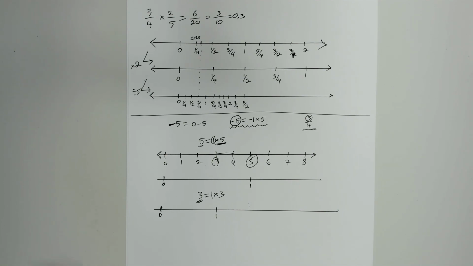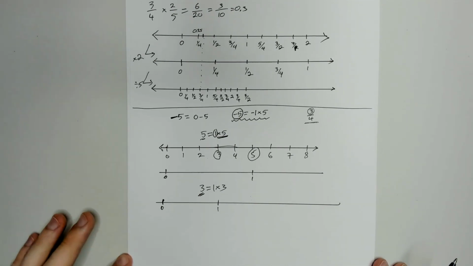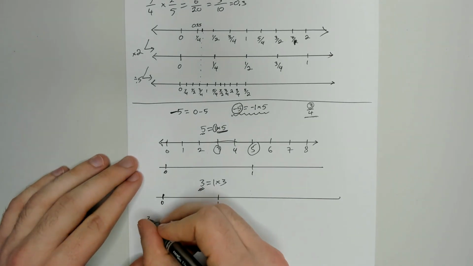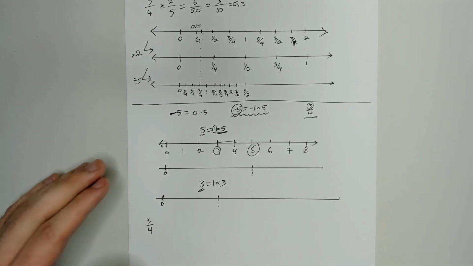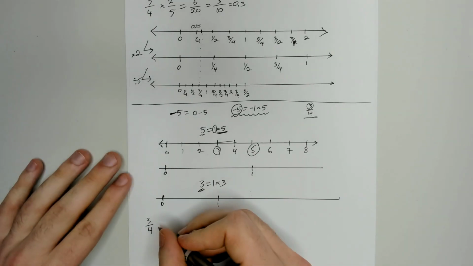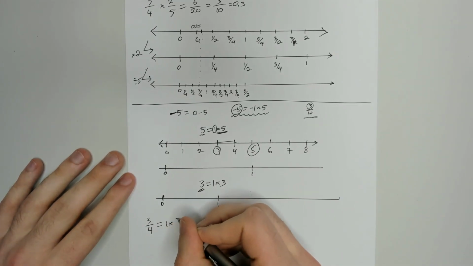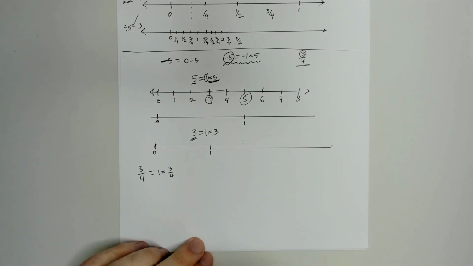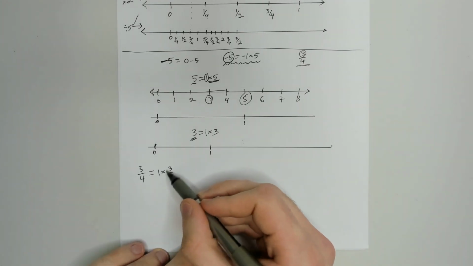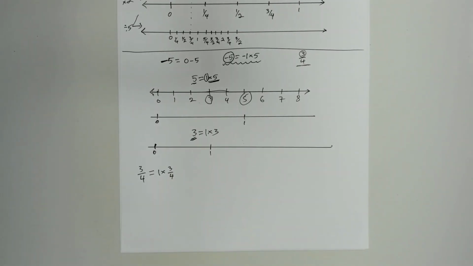So I hope that idea makes sense, because now what I'm going to do is I'm going to say, what if we consider 3/4? Okay, well, we can think of 3/4 in the same way as 1 times 3/4. But this is where it gets interesting, because remember, multiplying by a fraction is a double action, right?